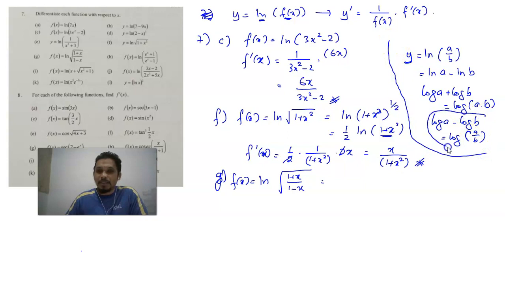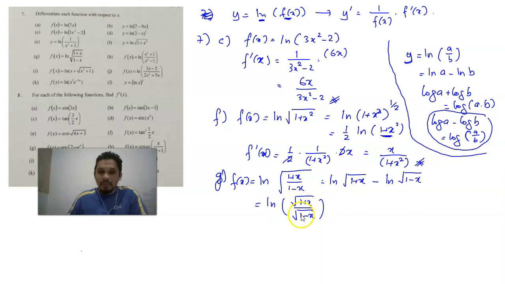And look at this one now. From here, you come out with natural log of the square root of 1 plus x minus natural log of the square root of 1 minus x.